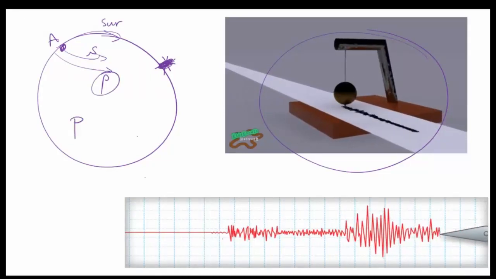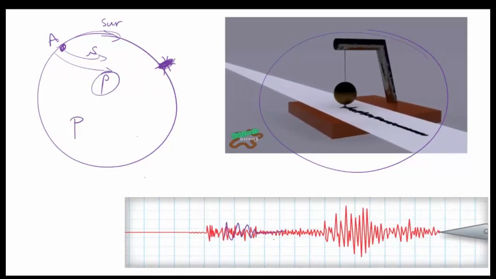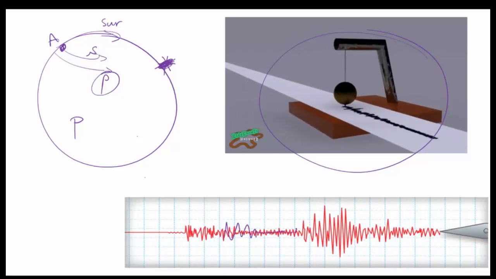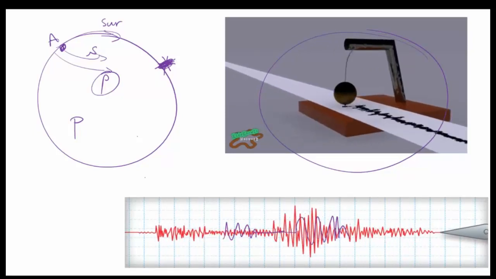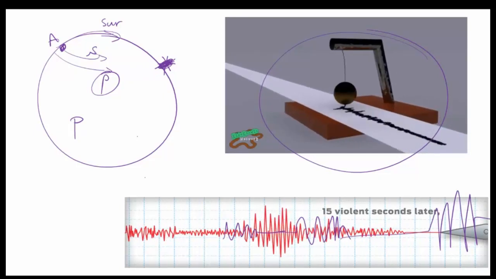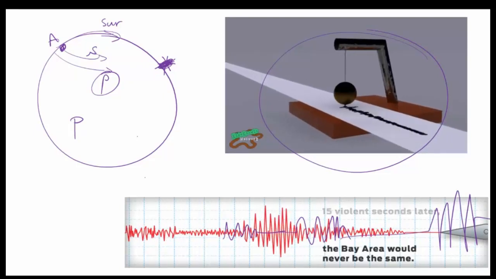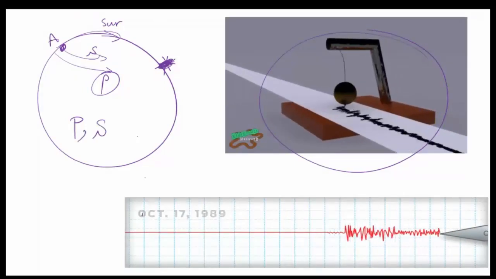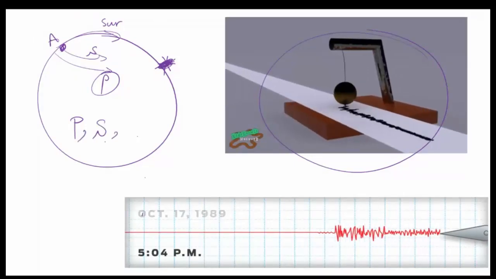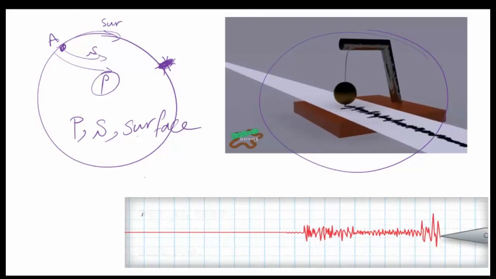So it will draw the P wave. Then after some time, the S wave will come after that. Then after some time, the surface wave will come after that. Okay? So the P wave is the fastest, then the S wave, then the surface wave comes after them. Okay?